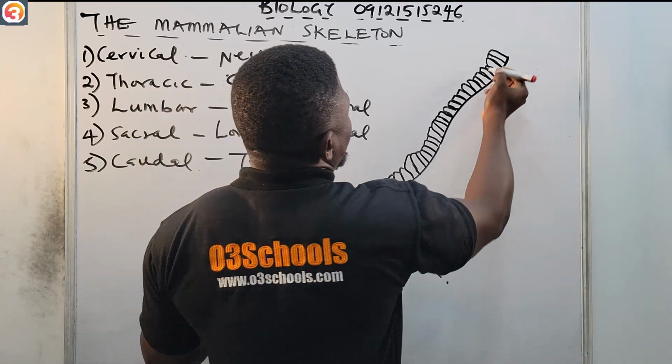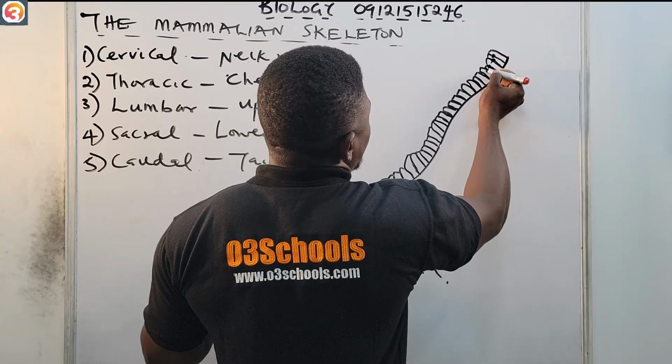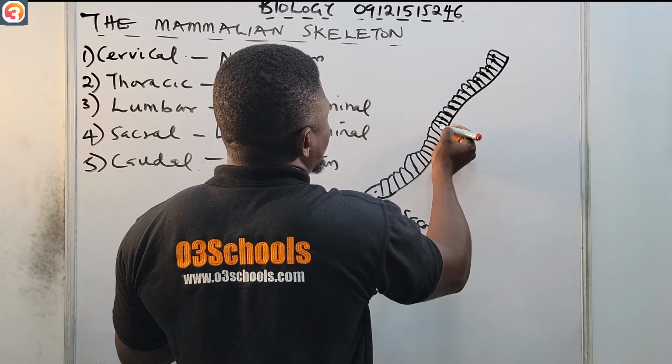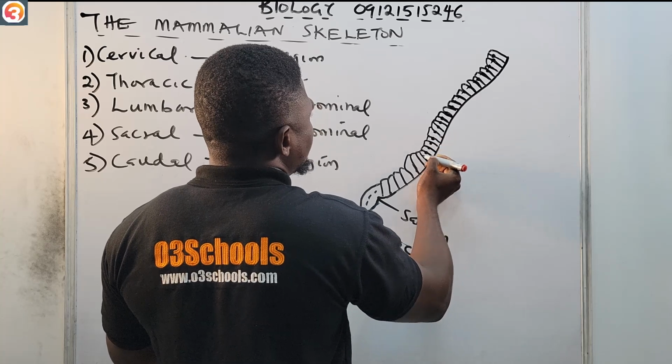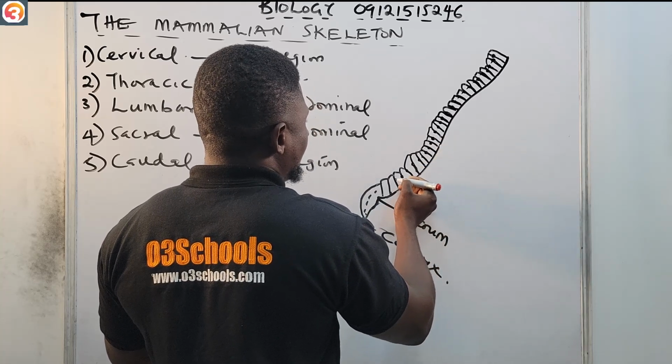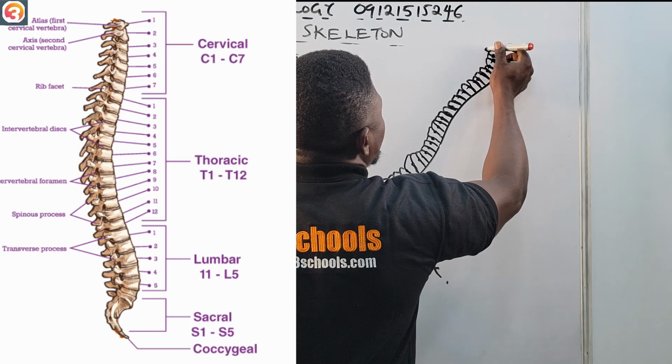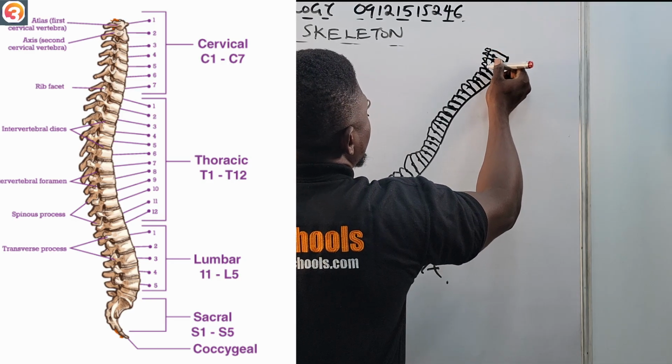So we have some points here. It's just a sketch. I'm showing you the vertebral column right now, an online copy of it, so that I can see it. So something like this.